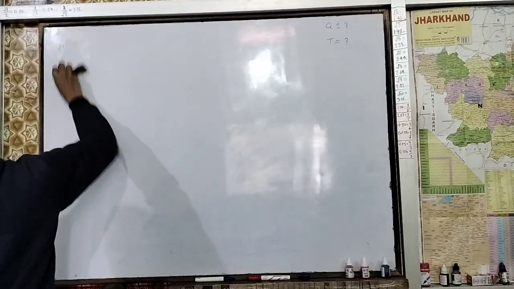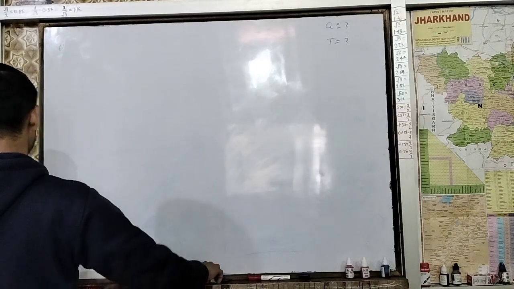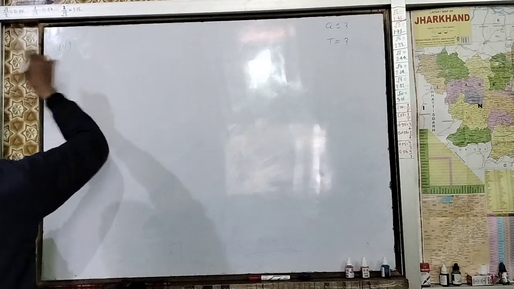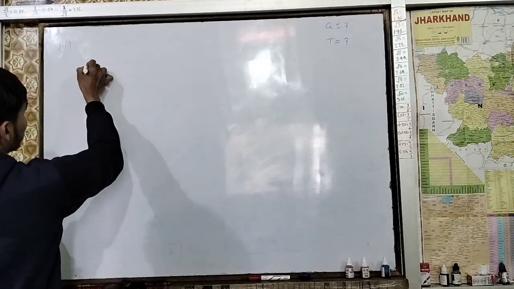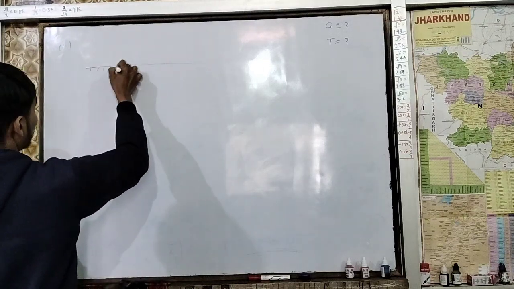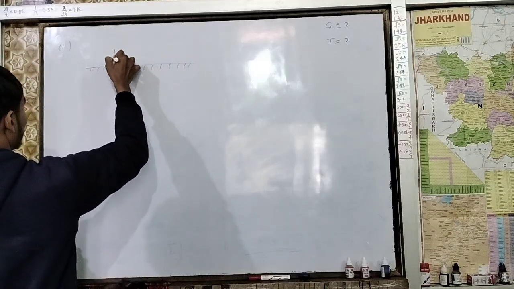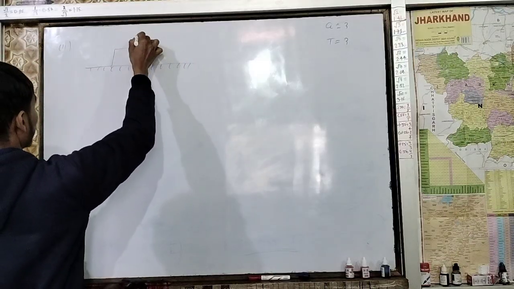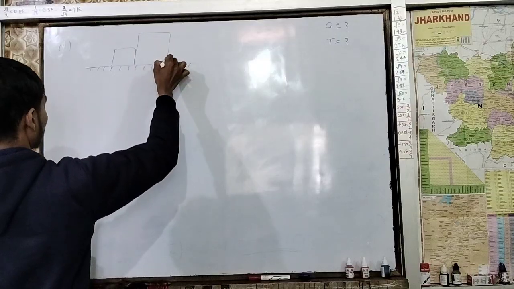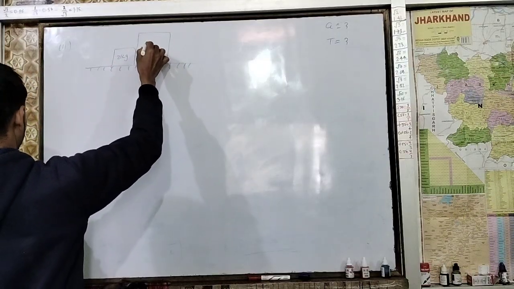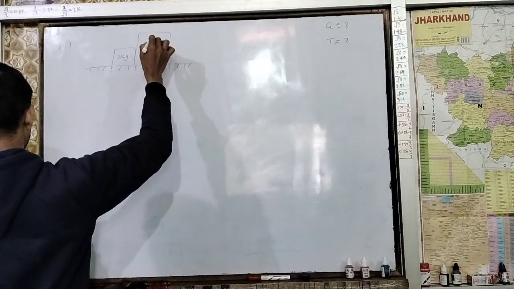So second question is, there are two bodies. One small body and one big body. The masses are 2 kg and 4 kg.